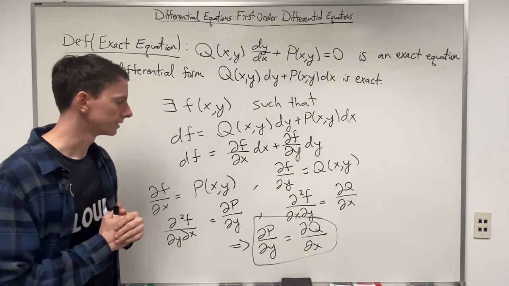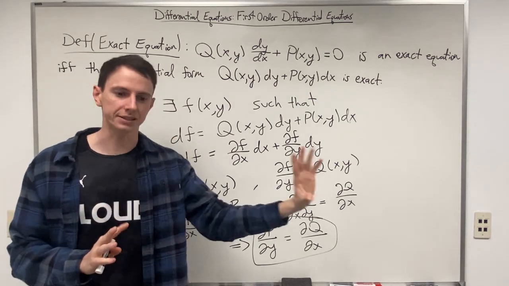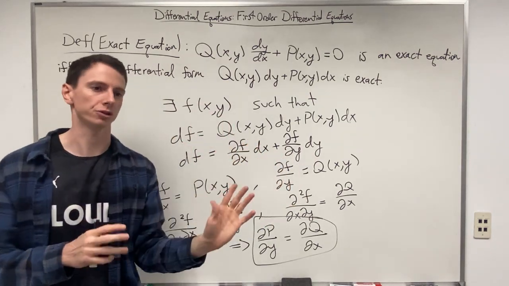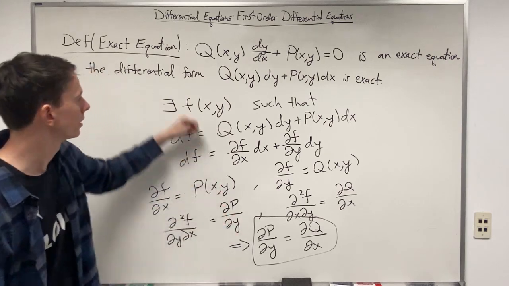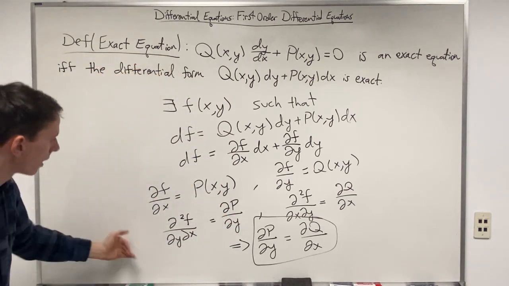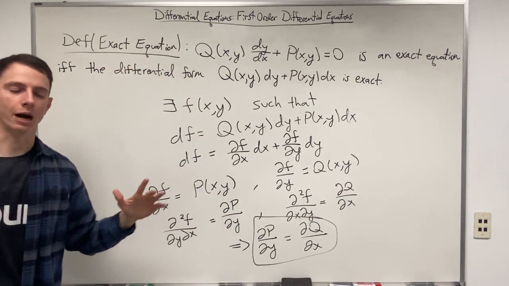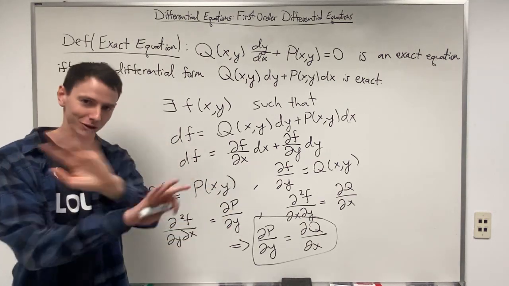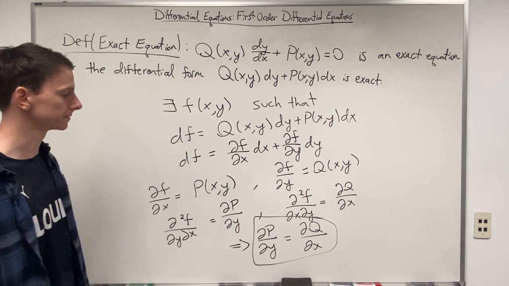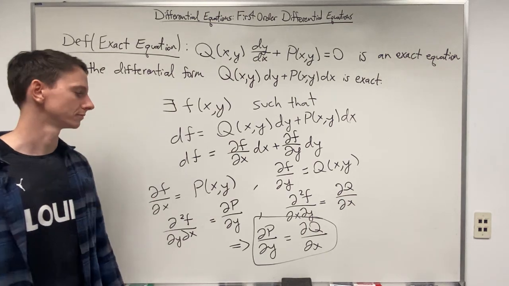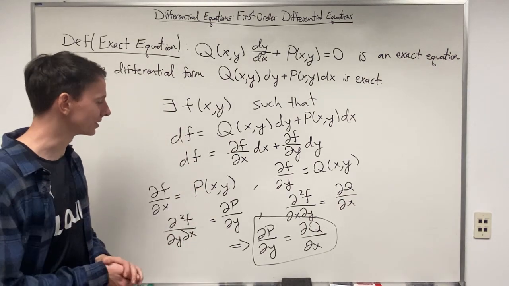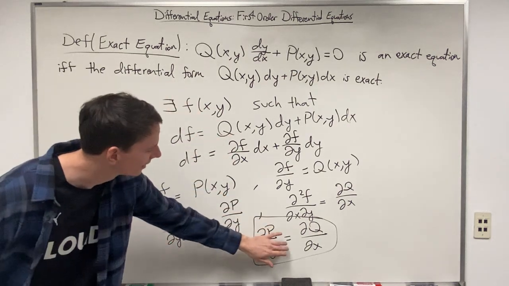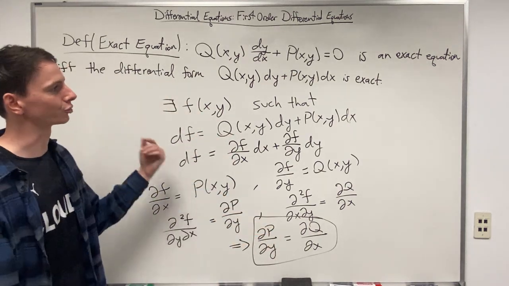So rather than going into details, I'm just going to mention it and say that's a fun fact, by the way, and then we're going to leave it at that, at least for this video series. Okay. So, anyways, this is some condition that we can use to determine if a differential equation is exact.